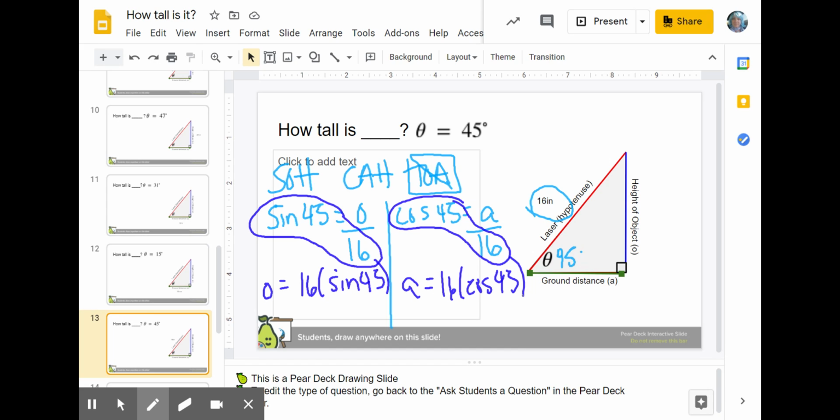What do we get? And I know that if this angle is 45, then this angle up here is also 45. So I predict I have an isosceles triangle here. Is 16 times the sine of 45 the same as 16 times the cosine of 45?